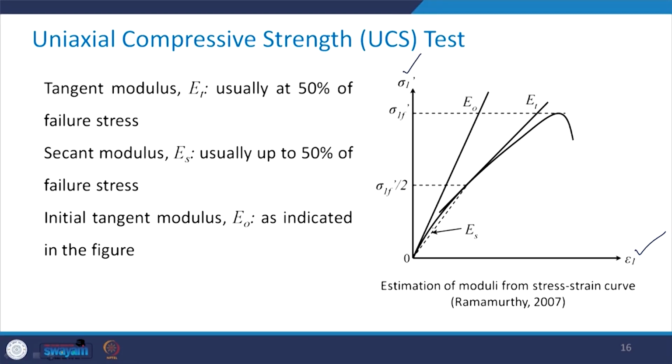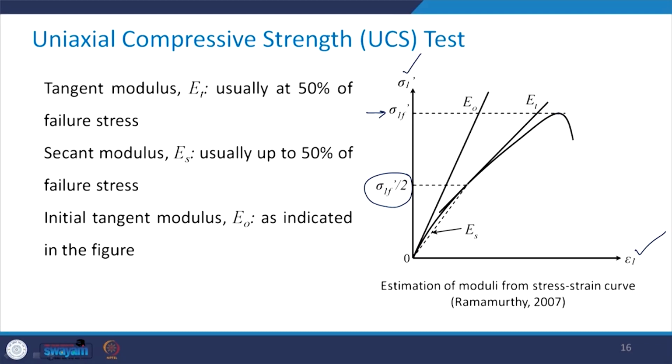So the first modulus which is defined is called the tangent modulus. This is your peak. At failure, whatever is the stress, we are writing here as sigma 1f prime. Take half of this, sigma 1f upon 2, take this point and draw a horizontal line along this.